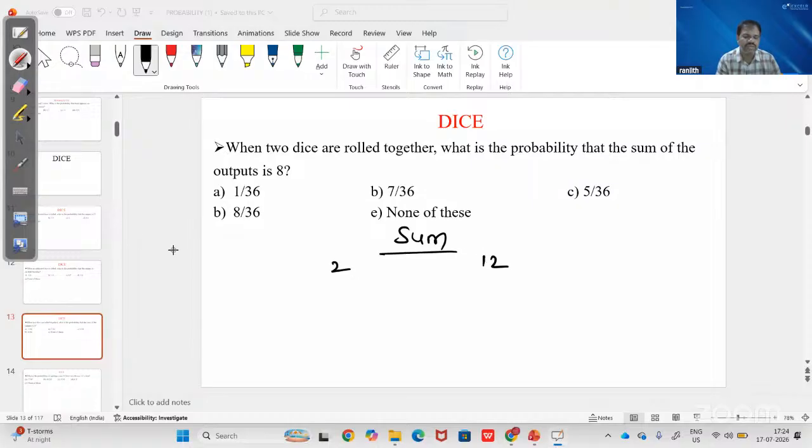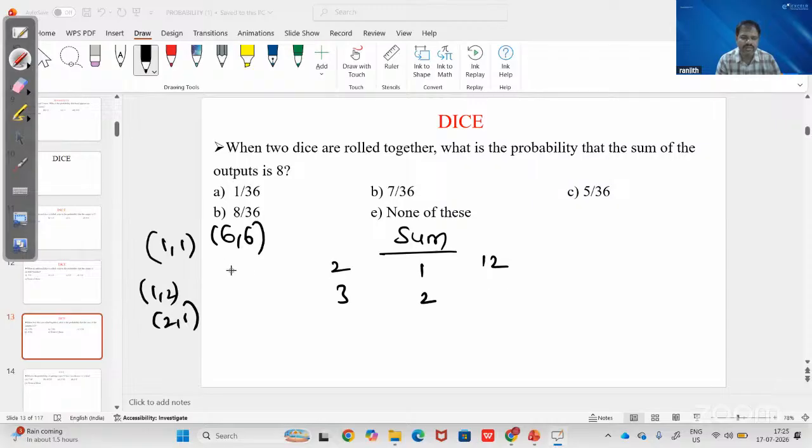Sum equal to 2, only one possible case, 1 comma 1. Sum equal to 12, only one possible case, 6 comma 6. Sum equal to 3 will be 1 comma 2 and 2 comma 1, two possible cases. What about 11? Sum equal to 11 is also 5 comma 6 and 6 comma 5.